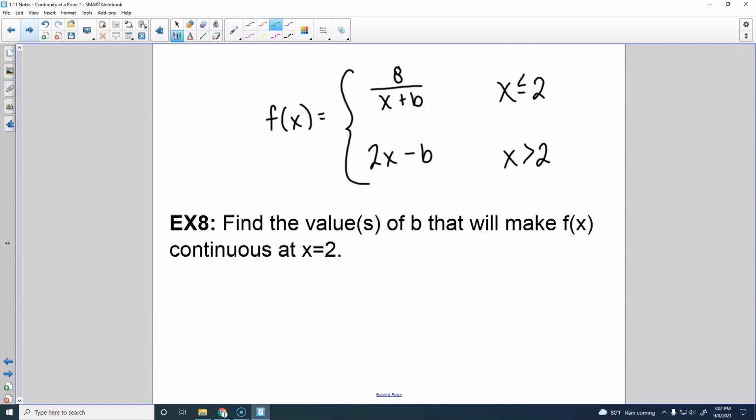Which means I need the limit from the left to equal the limit from the right. So I'm going to do this. The limit as x approaches 2 from the right of f of x has to equal the limit as x approaches 2 from the left of f of x.